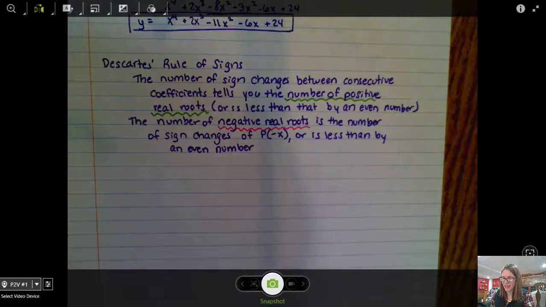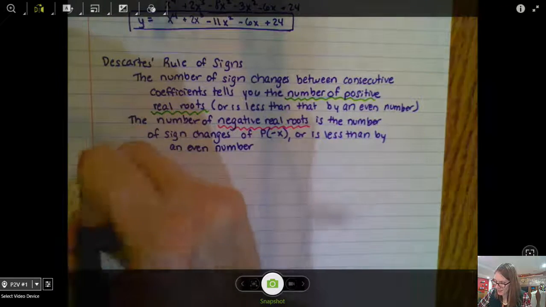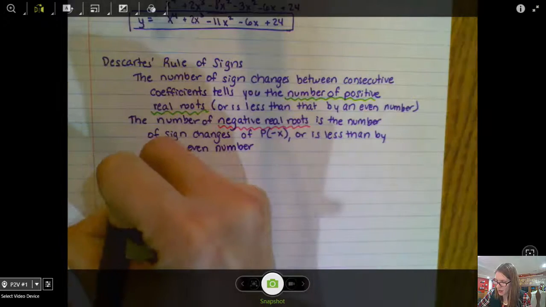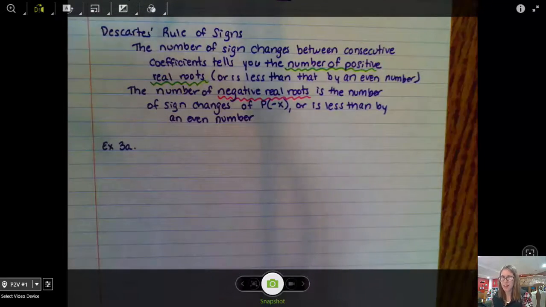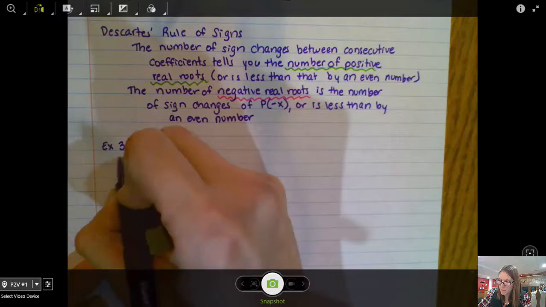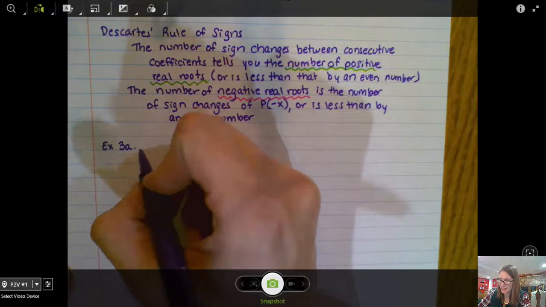All right, let's look at an example. So I'll call this example 3a here. And again, I know you're probably looking at this Descartes' rule of signs like, what on earth is happening here? But we'll look at an example and life will be a lot easier.